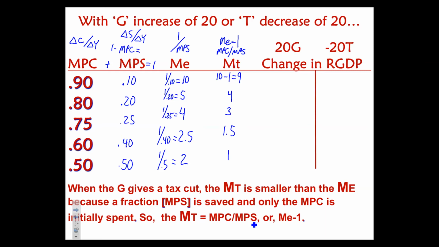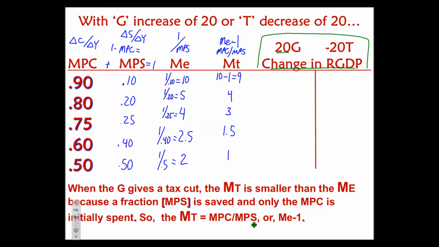Okay? So what we have over here, if you can just look at this box. What I'm implying here is that if we increase government spending by 20, there will be a change in real GDP of some amount that would be 20 times the multiplier.